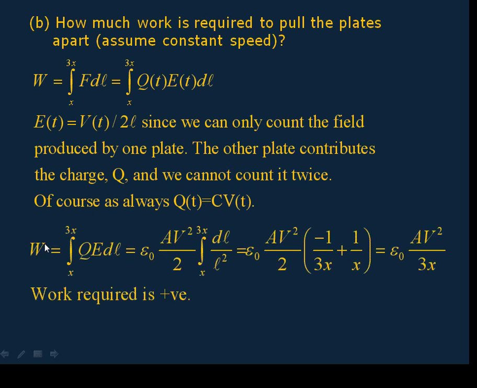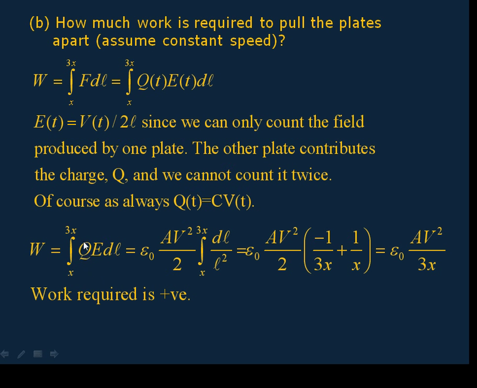So the work done to pull the plates apart is Q times E times dl, with the distance going from x to 3x, and plug in the numbers. Here you have for the electric field just the expression given here, V by 2L, and the other quantity is epsilon 0 A V by L, which comes from the expression for the capacitance times the voltage.